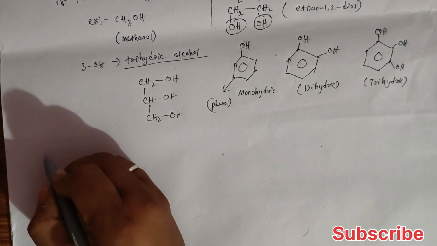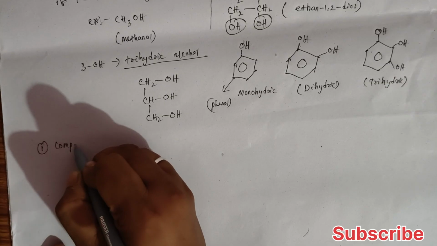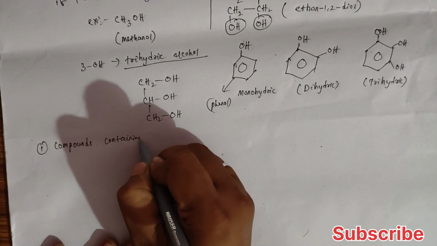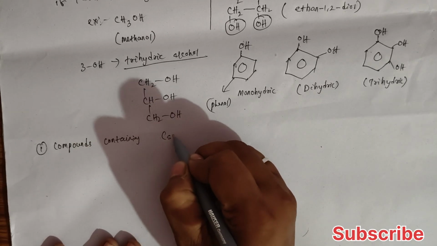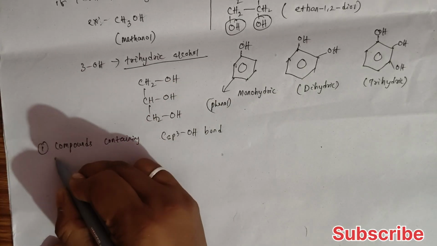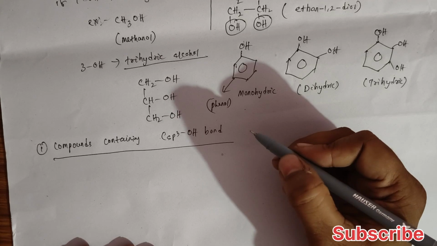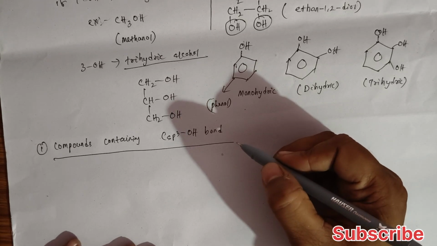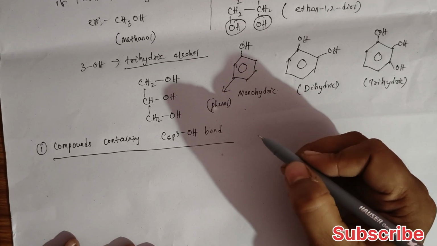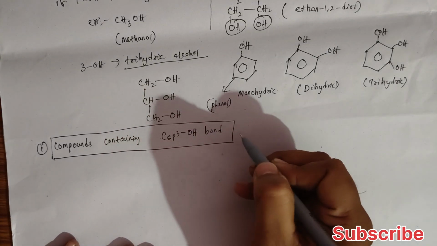So the first heading is compounds containing the C sp3-OH bond. That means the OH group is attached to a carbon atom which undergoes sp3 hybridization. Let us take an example first, then we will clearly understand what the heading tells us.